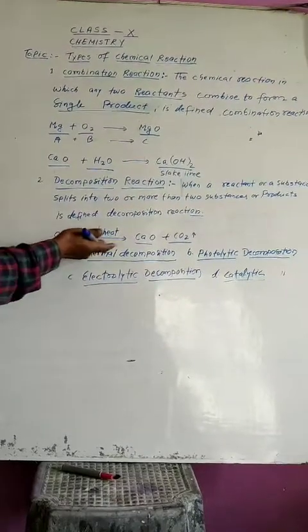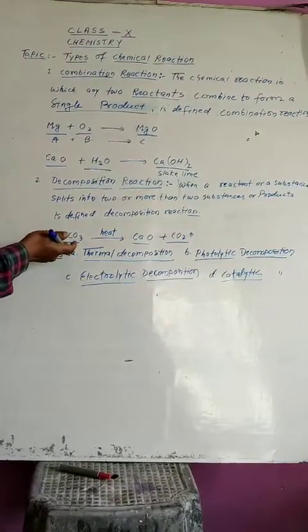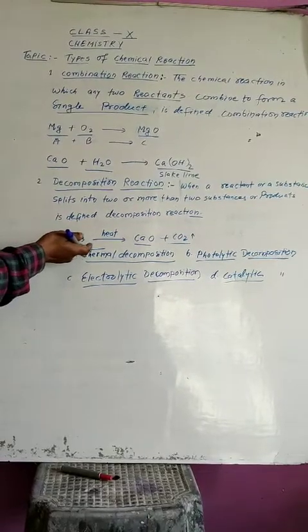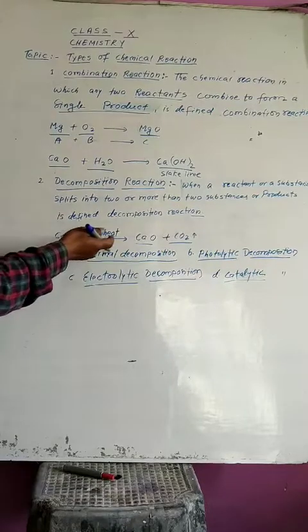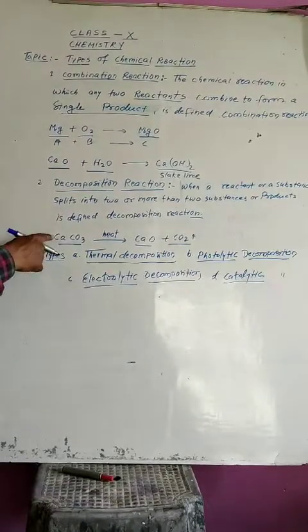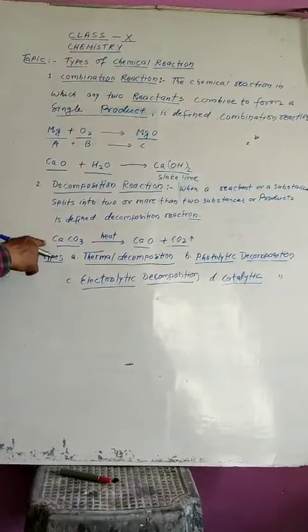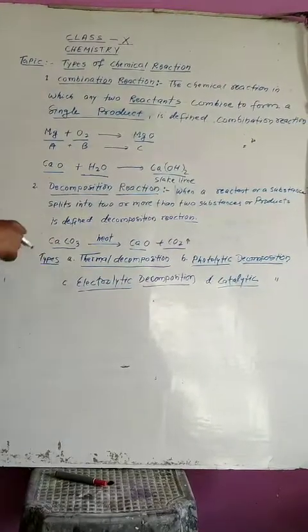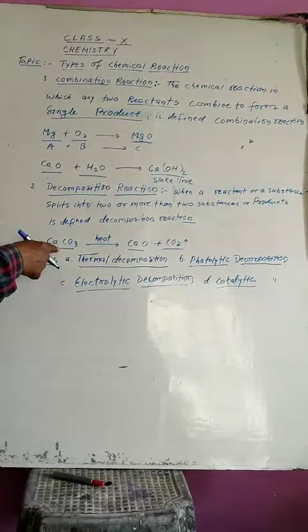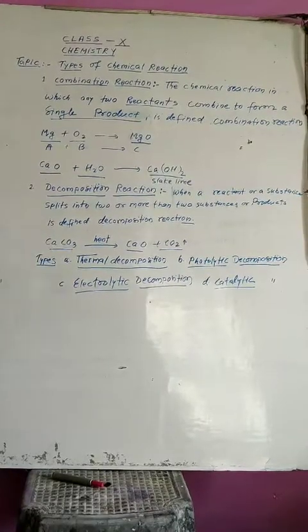In the above reaction, whenever calcium carbonate is heated to produce calcium oxide and carbon dioxide, it is also one of the examples of thermal decomposition, since heat energy is required to split this calcium carbonate.